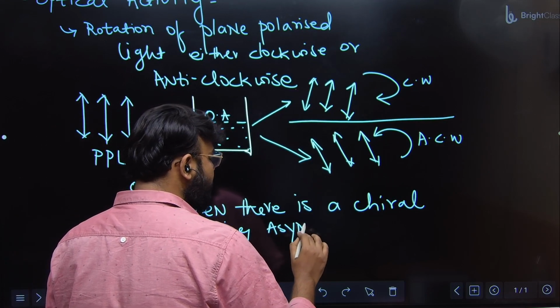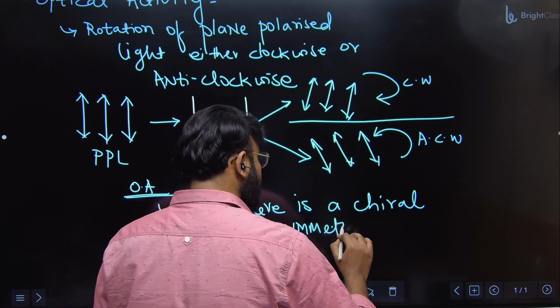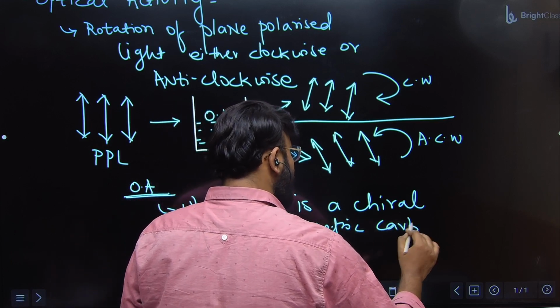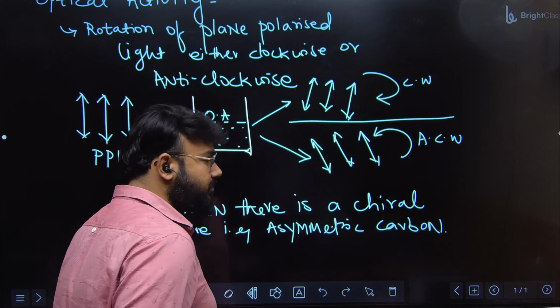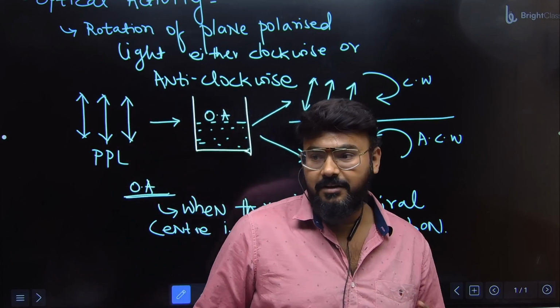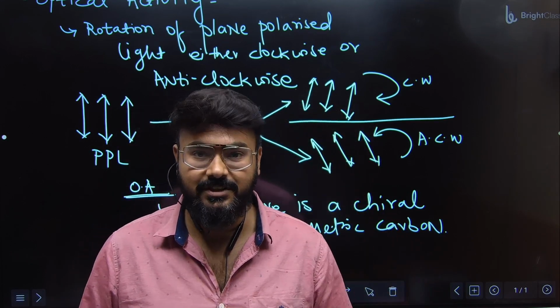What do we call it? Asymmetric carbon. Now you might ask me, sir, you are confusing me a lot. Tell me in simple words, what is it?